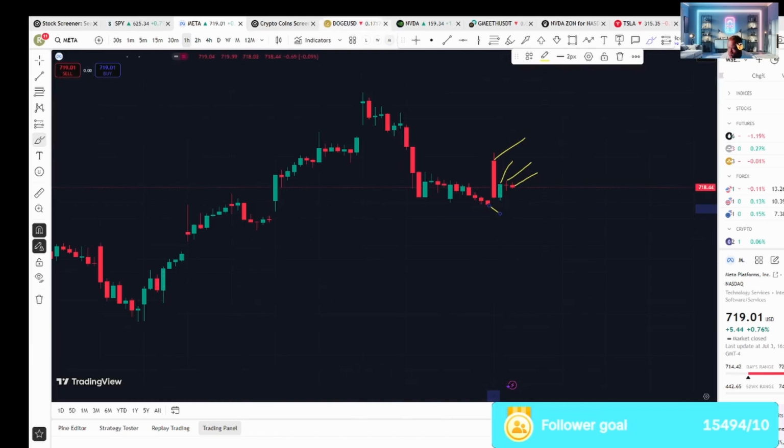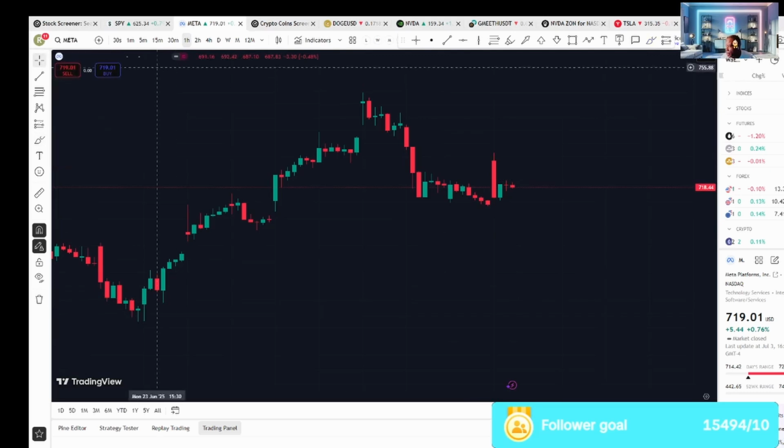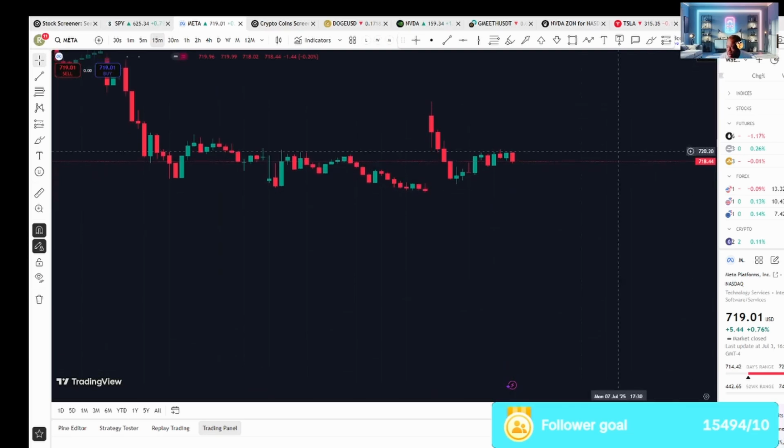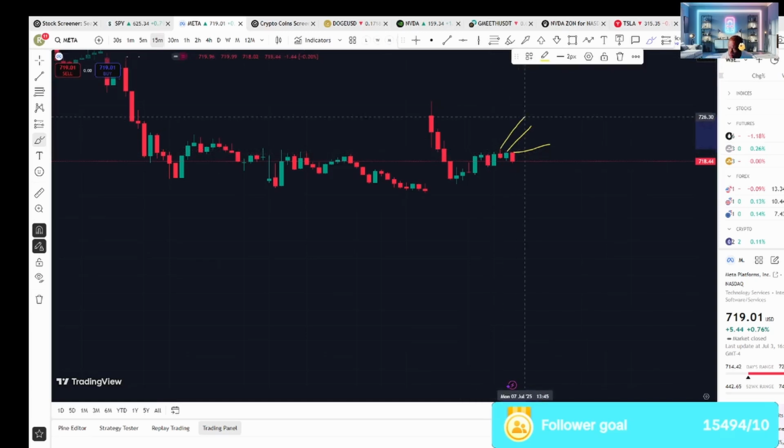It's not the whole chart that represents 1 hour, it's each candle: 1 hour, 1 hour, 1 hour. Now, if you move to a different interval, like 15 minutes, that means each candle there represents 15 minutes, 15 minutes, 15 minutes.